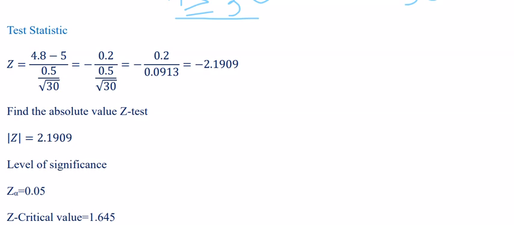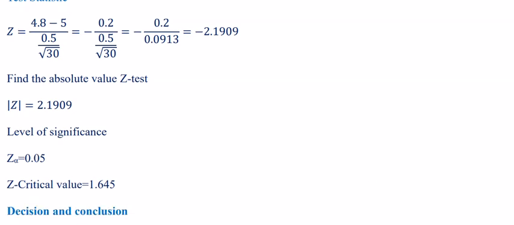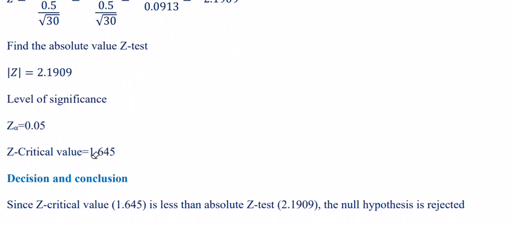Now, our level of significance again is 5%, so we have 0.05. And the value for this 5%, when checking the statistical table, gives us 1.645. Having gotten that, you can now compare it with the absolute value of the Z test.